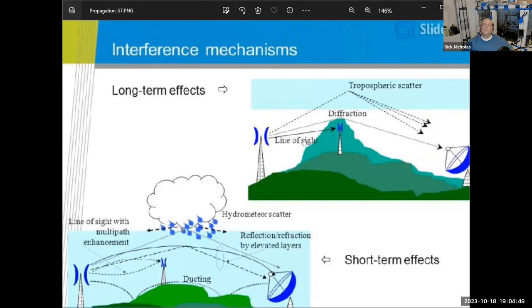Another thing that happens is illustrated by this diffraction illustration. Radio waves, just like light waves, can bend over sharp edges and corners. What we call sharp doesn't have to be knife-blade sharp, but reasonably sharp rather than rounded, like the edge of a building or the top of a mountain.